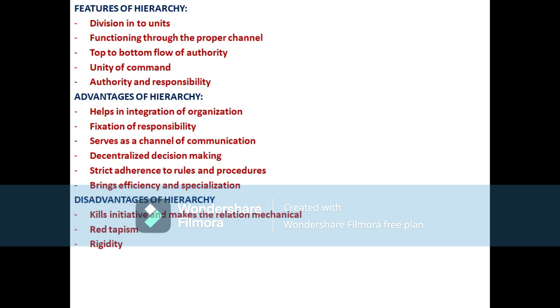And coming to the third one, rigidity. We all know rigidity means stableness. Stability is known as rigidity. So it makes the organization unable to develop dynamic human relationships among its members.